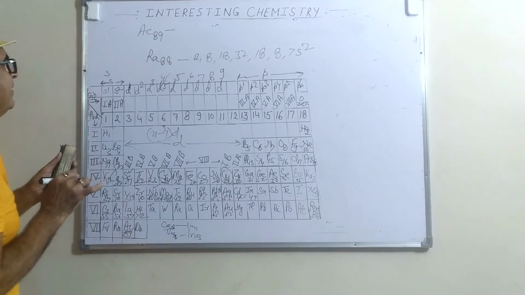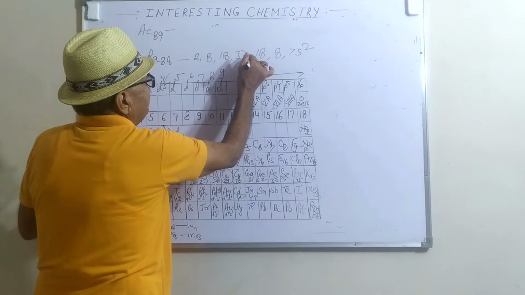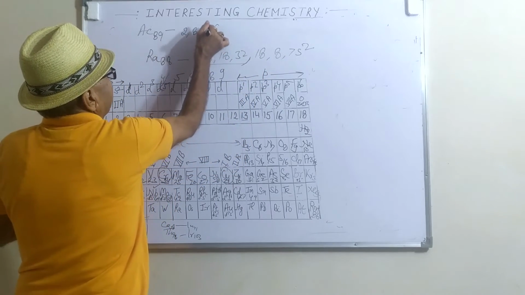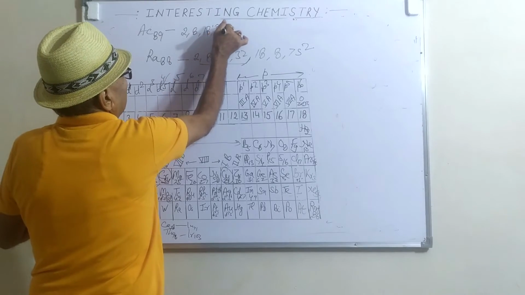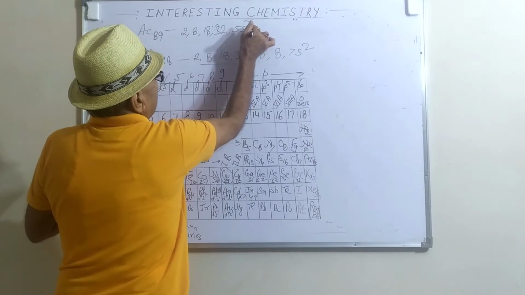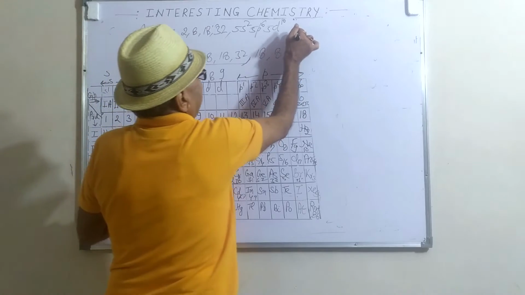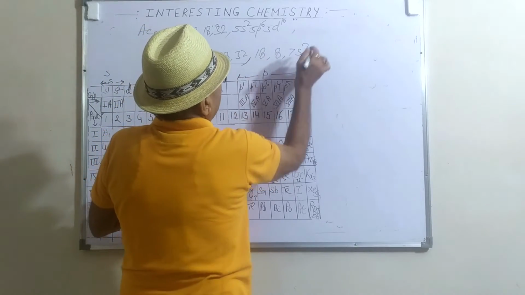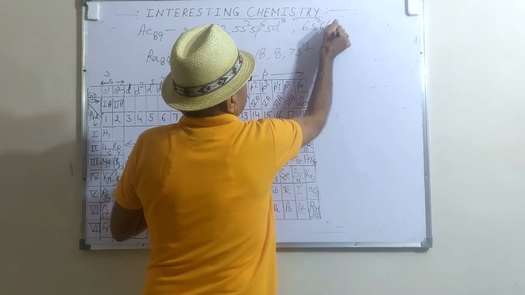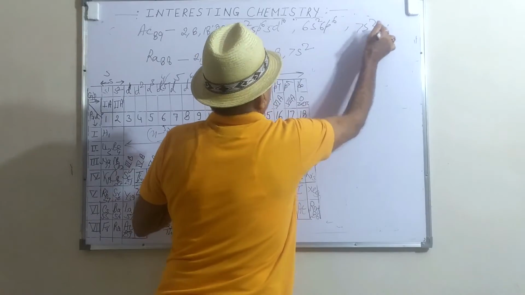The same electronic configuration you have to write up to here. All are filled well: 2, 8, 18, 32. Now here you will write 5s2, 5p6, 5d10, and here 6s2, 6p6, and here again 7s2.